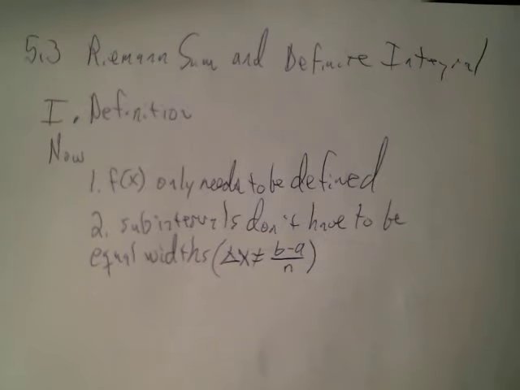So if we have a function defined, what we're going to do is introduce a new subinterval, and then we'll call the resulting sum a Riemann sum.